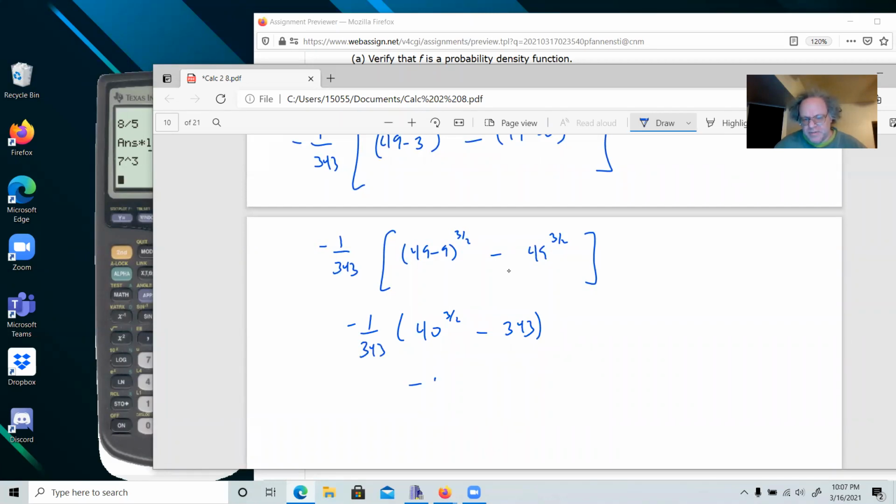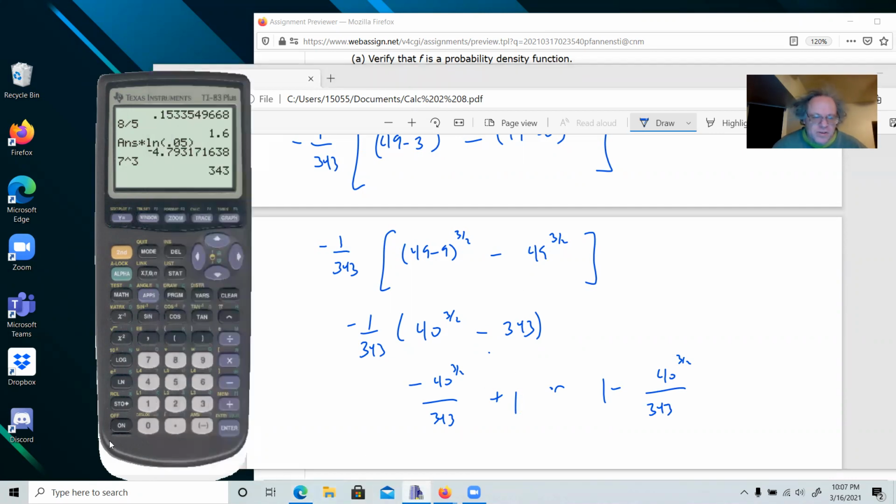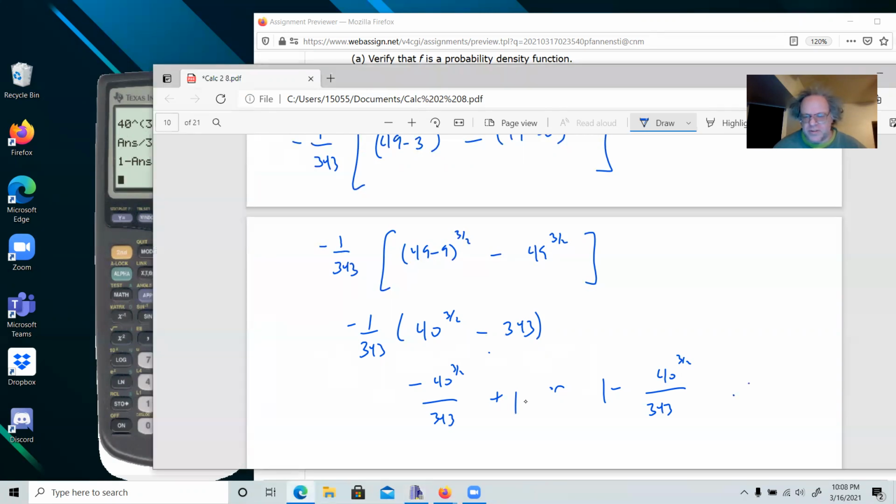So that's going to be negative 40 to the 3/2 over 343 plus 1, or 1 minus 40 to the 3/2 over 343. Let's check that out. 40 raised to 3/2, divided by 343, and 1 minus that answer, 0.977, 0.973.